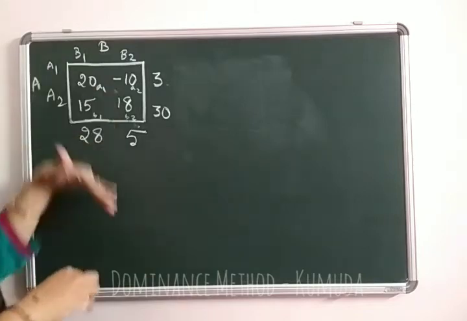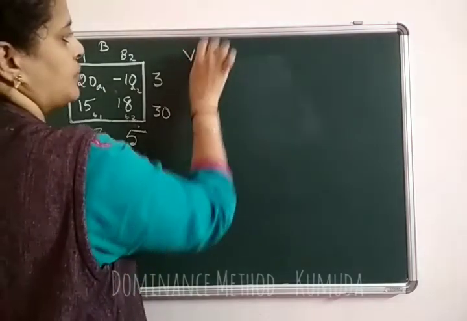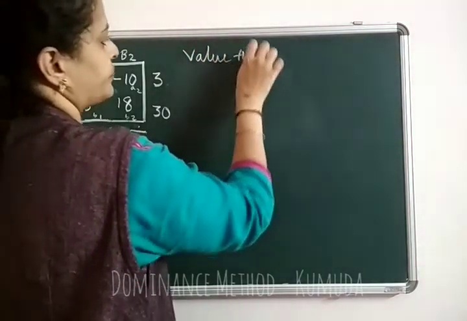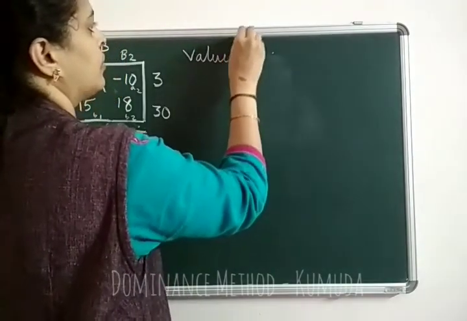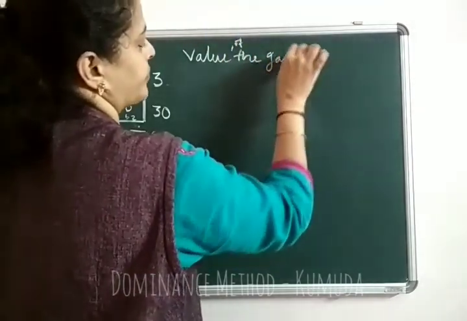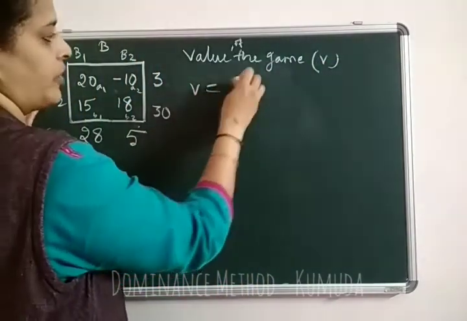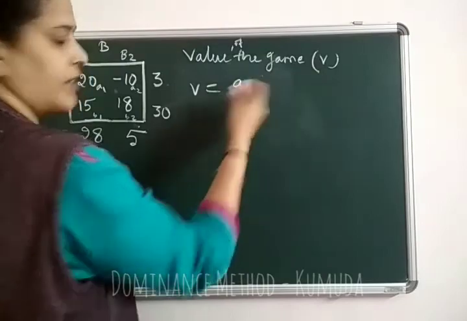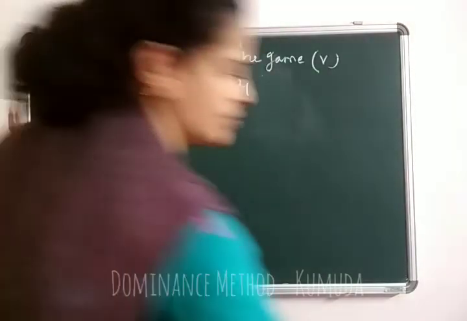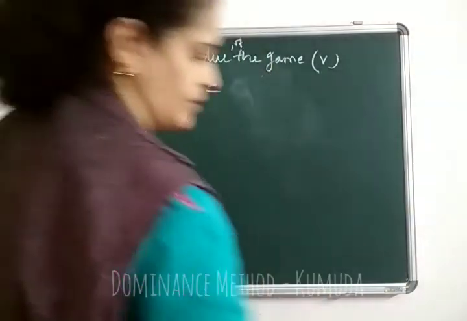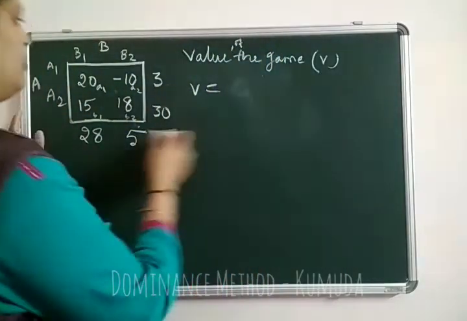Now, after we find the odds, we are supposed to, as usual, calculate the value of the game. That is V. So, how do we find V? V will be A1 into... I think you already know the formula, so I would just directly write the value, or if you want you can repeat it.